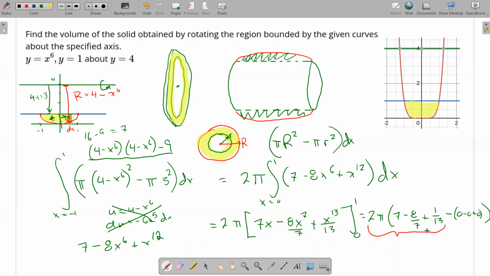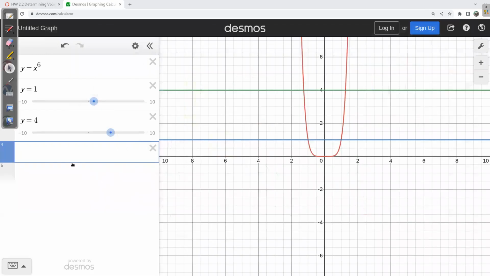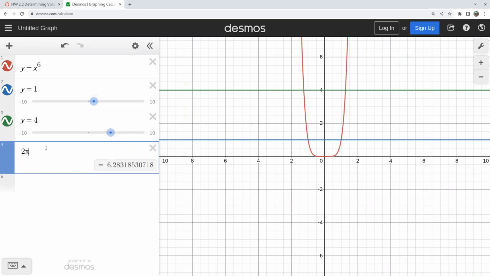So next I'm going to clean that up. This problem probably wants an exact answer with pi. And rather than by hand finding a common denominator, I'm just going to use a calculator. All right, so there's my calculator. I'm playing with Desmos here. So I want to clean up my answer. So let's just do the 2 pi, and then I'm just going to play with this.